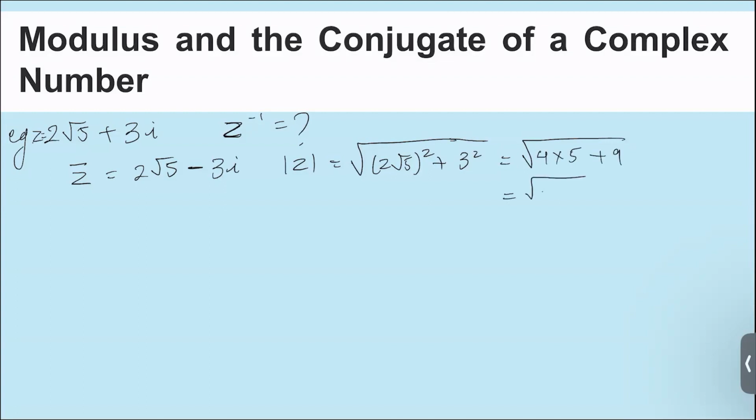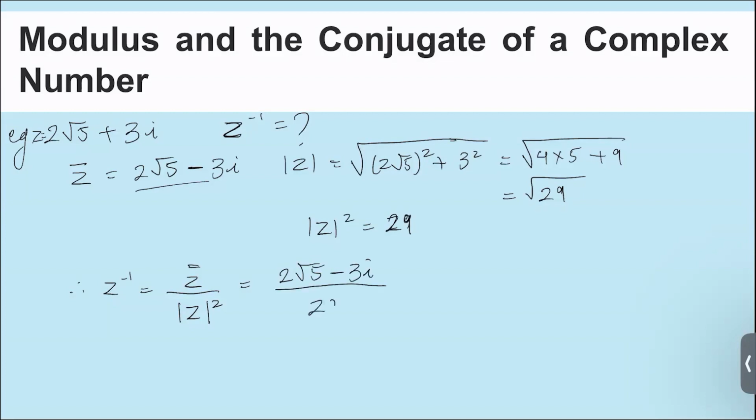So this is 29. And if you square the modulus of z, you get 29, so the square root sign goes away. Therefore, z inverse is the conjugate of z upon the square of the modulus. So your conjugate is 2 root 5 minus 3i upon 29, which equals 2 root 5 upon 29 minus 3i upon 29. Okay, so this is your answer.